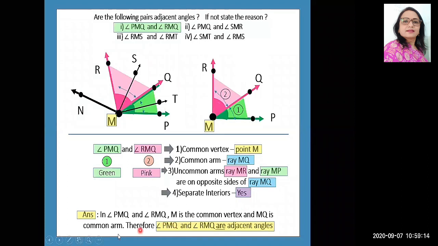Yes. So the answer is: in angle PMQ and angle RMQ, M is the common vertex and MQ is the common arm. Therefore, angle PMQ and angle RMQ are adjacent angles.